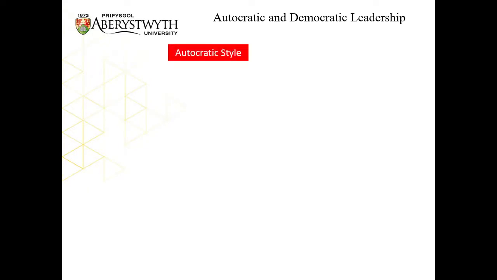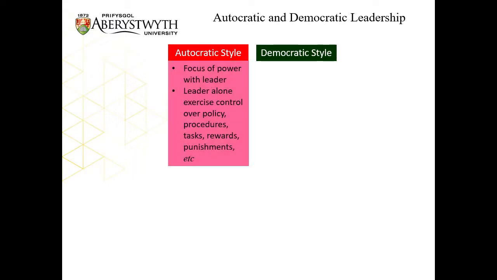You've probably already come across the autocratic and democratic model of leadership, where we identify two styles, namely autocratic and democratic. Autocratic is characterized by the focus of power residing entirely with the leader or the manager.